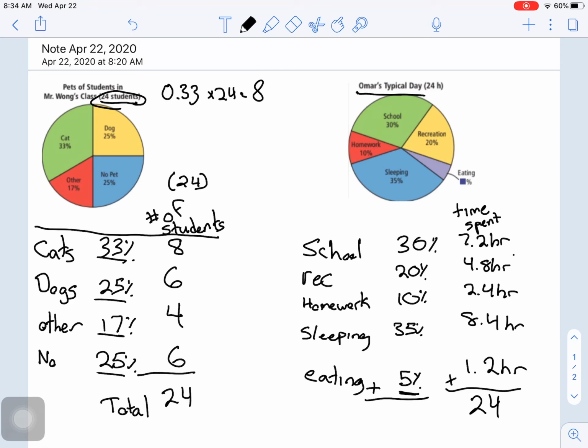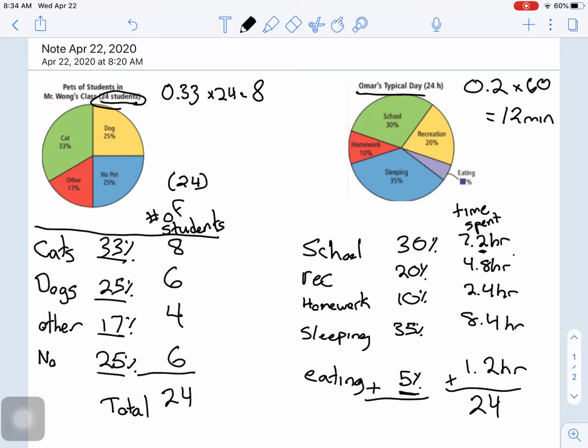Now, the one thing I want to make sure and be careful of, especially in hours, is that this is 7.2 hours. This isn't 7 hours and 20 minutes, right? Because it's 0.2 of an hour. And if we go 0.2 of an hour, which is 60 minutes, that's going to give us 12 minutes.